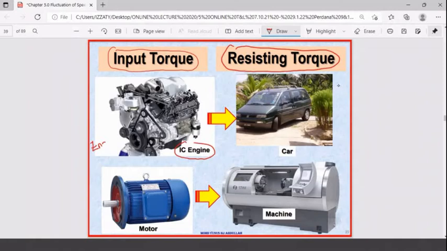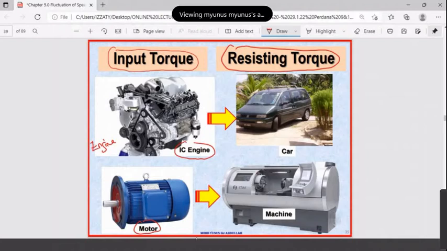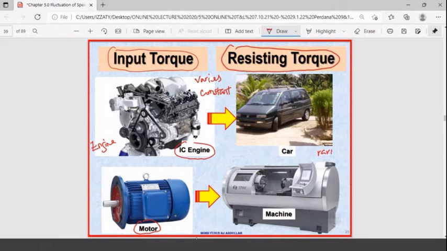And the other one is basically coming from the motor. I did mention about the internal combustion engine in class the day before yesterday, in our last lecture. I did mention that the input torque can vary, and it can also be constant. So does the resistance. The resistance can also vary and also be constant.